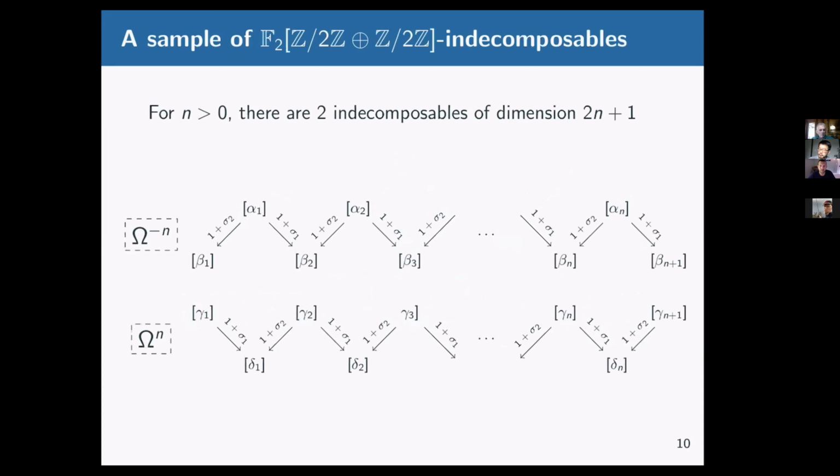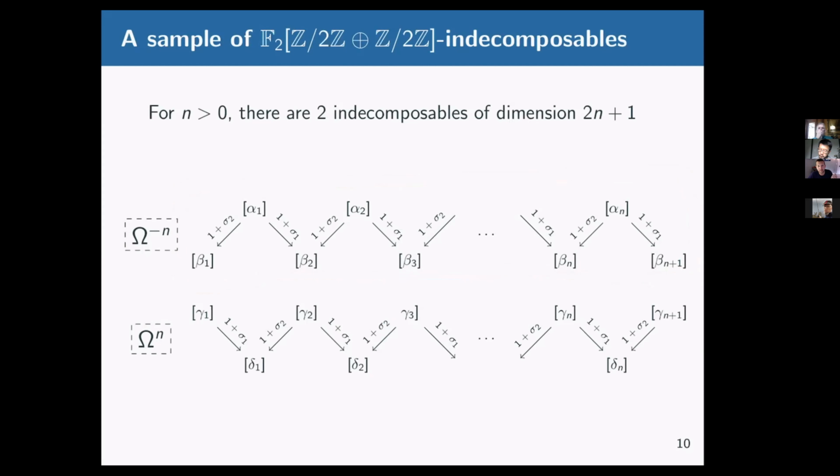So for example, in general, if you're looking at a module over a Klein-4 group, it turns out that there are 2 families of indecomposable modules that are odd dimensional. They're called omega minus n and omega to the n power. And each of them corresponds to these long chains that either run like this or run in the opposite direction.